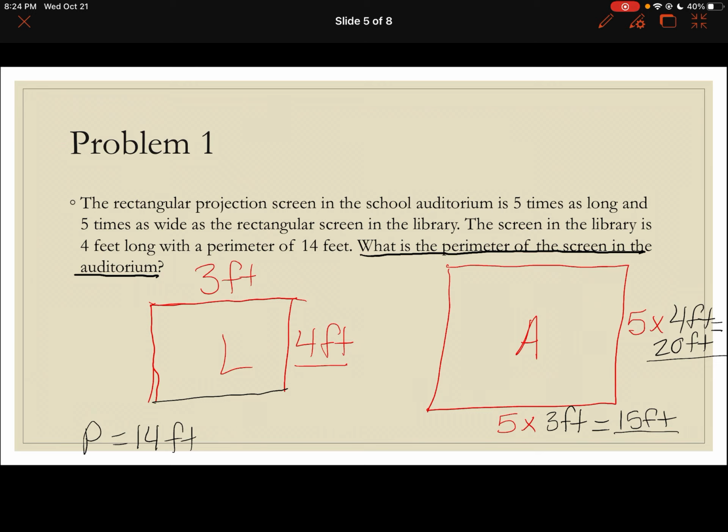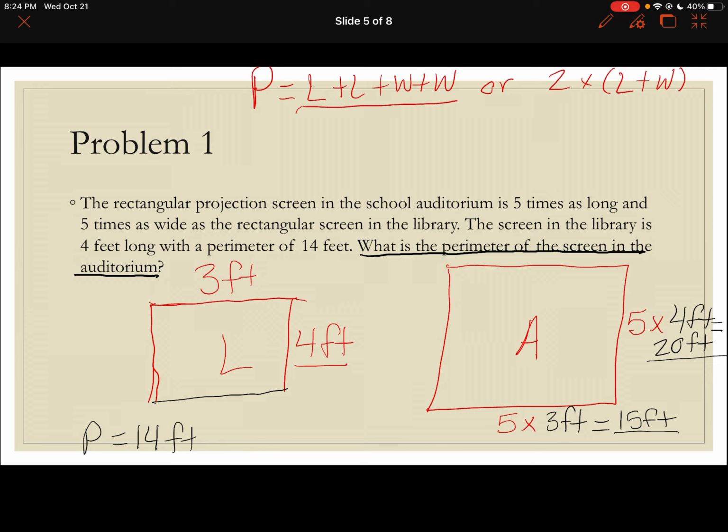We know that for perimeter, it's length plus width, or 2 times length plus width, whichever one you want to do. For numbers that are a little bit larger, it's probably going to be easier right now to use the first method here, length plus width plus width.